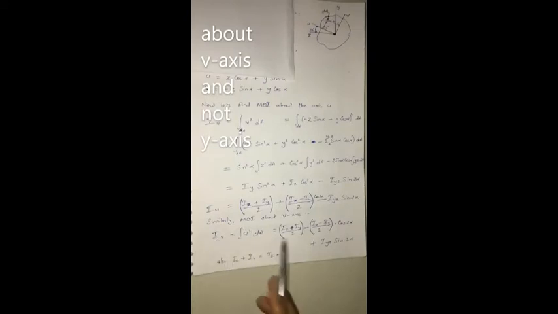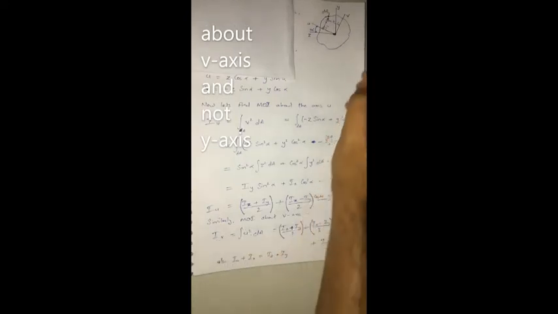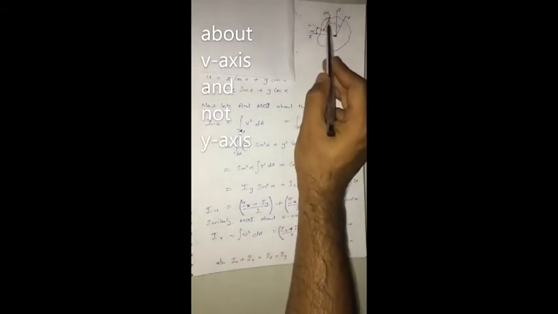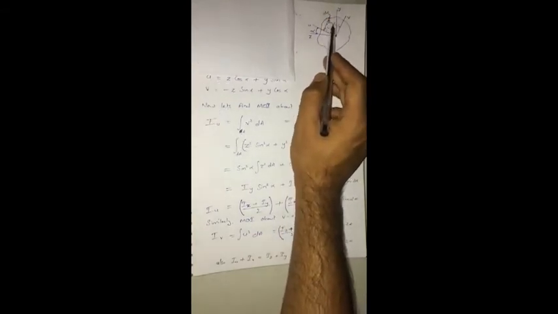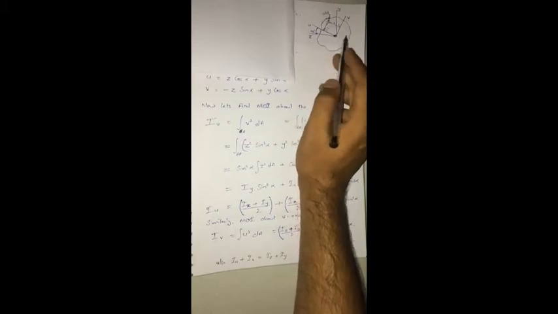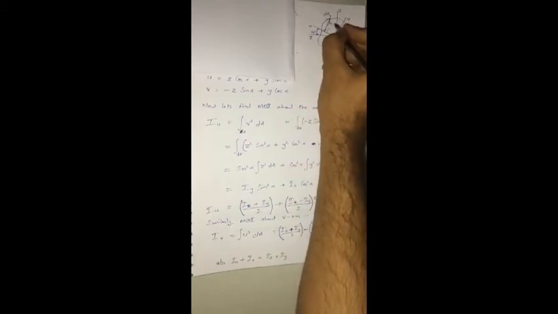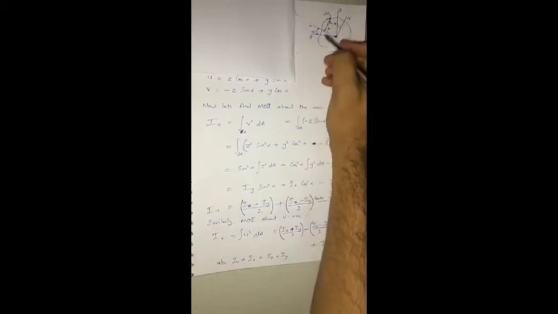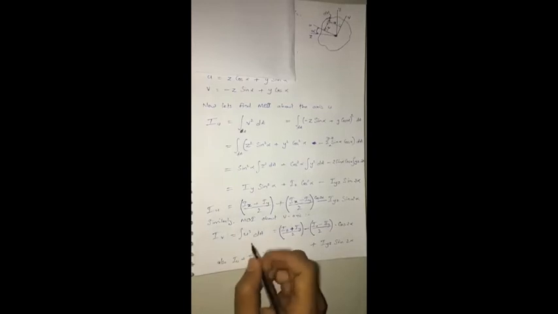Iv is equal to integration of u square. We'll take the moment of inertia of this dA, and this distance is u and this distance is v, because we are measuring in this direction. So Iv will be integration of u square dA over the area A.